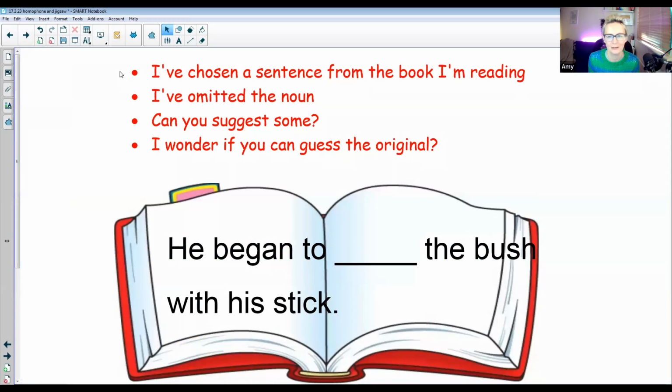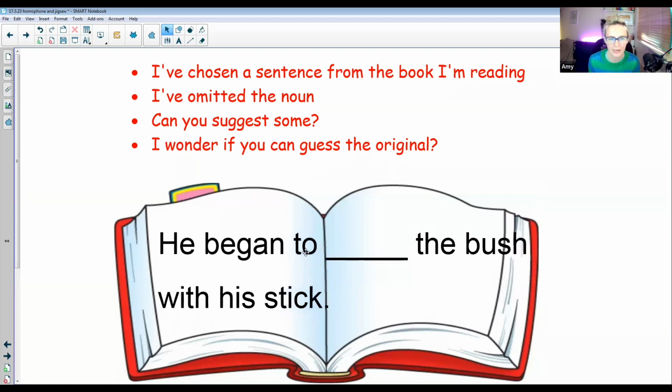And we finished with a really lovely activity. I showed the book that I was reading. This is actually from my local library, and I chose a sentence from my book. What I did was I omitted the noun, so I missed out one of the nouns, and the children had to suggest what noun was missing. And then I did this example, so not a noun this time: he began to something the bush with his stick.